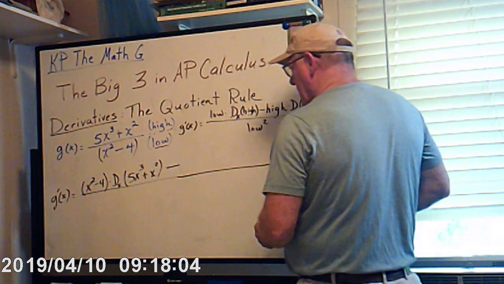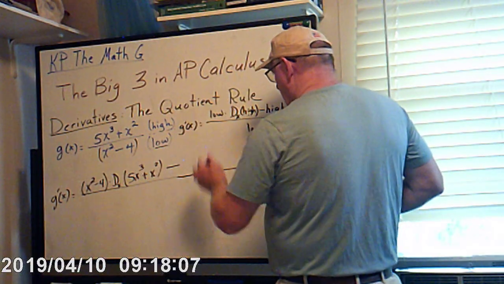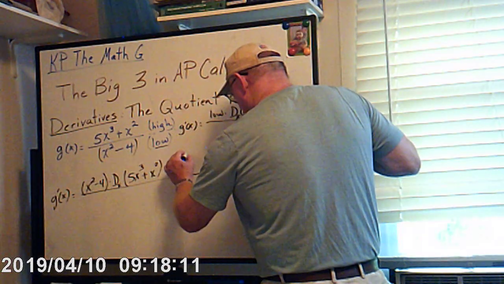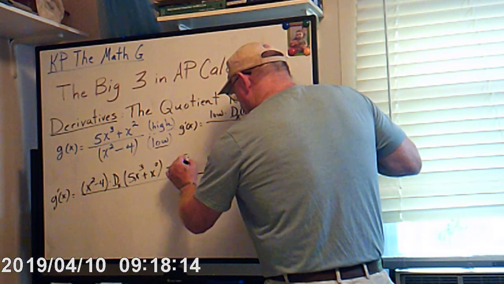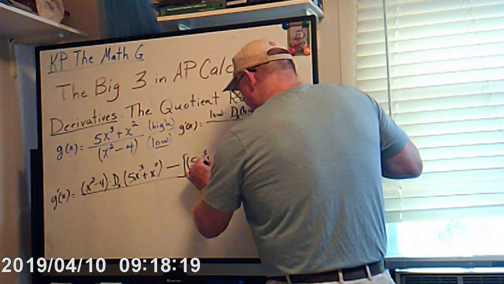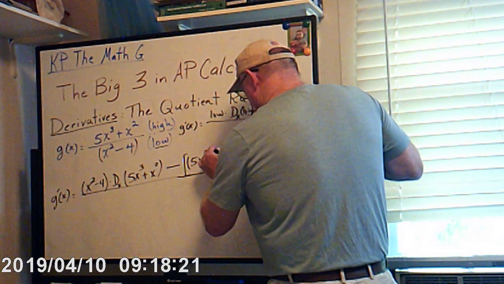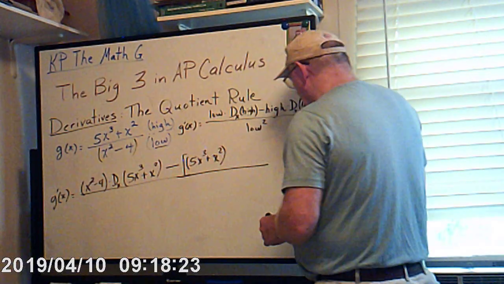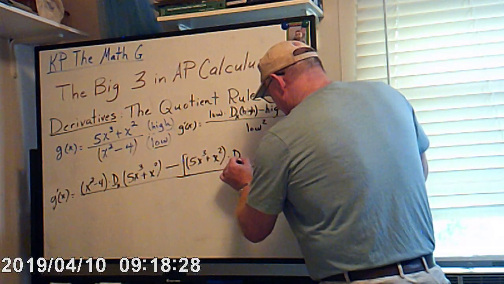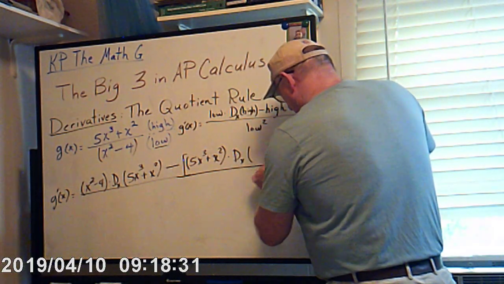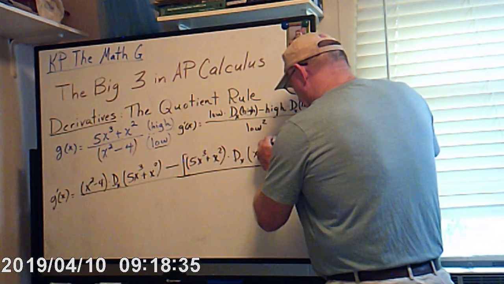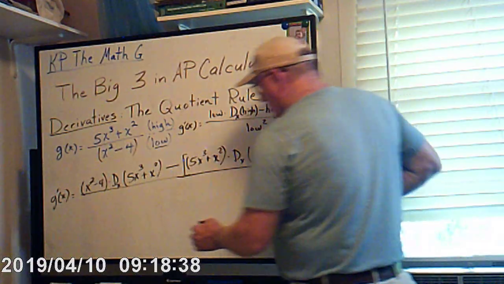Minus high d low, high minus high. So let's copy that down. I'm just going to put that in a bracket. 5x cubed plus x squared, high d low of the low, which is, oh boy, over the low squared.